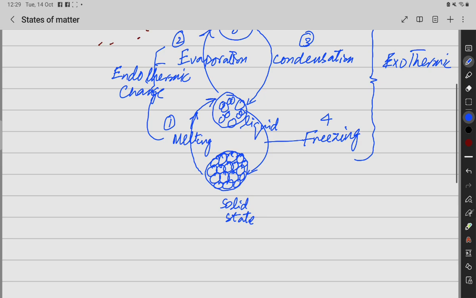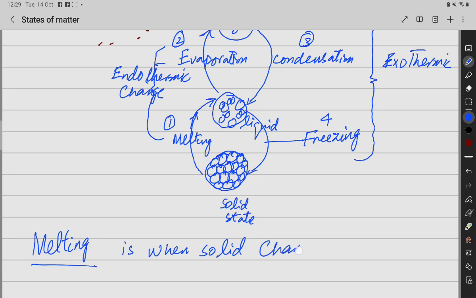So first is melting. Melting is when a solid changes into a liquid.